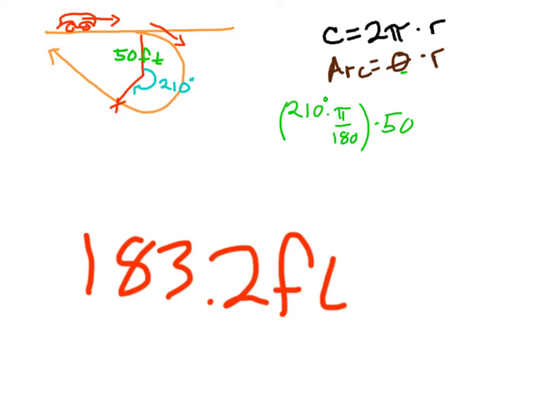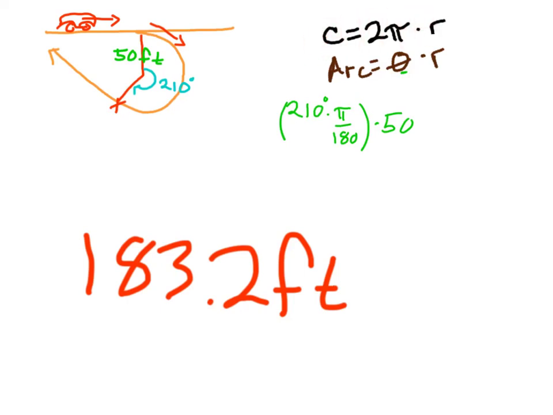183.2 feet. Now I'm thinking to myself, is that a good answer? Well, if the radius of this thing is only 50, then 183 might make sense because clearly the path on the outside is bigger than the radius. But then I want to say, wait a second, maybe I should check what the full circle would be. Remember, that would be using 2 pi times r.